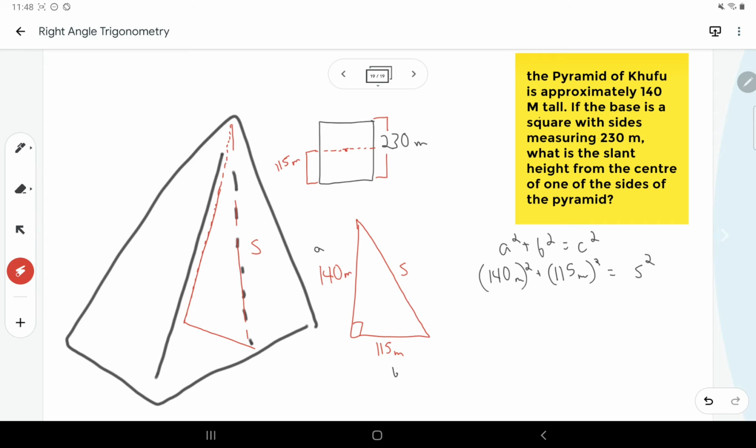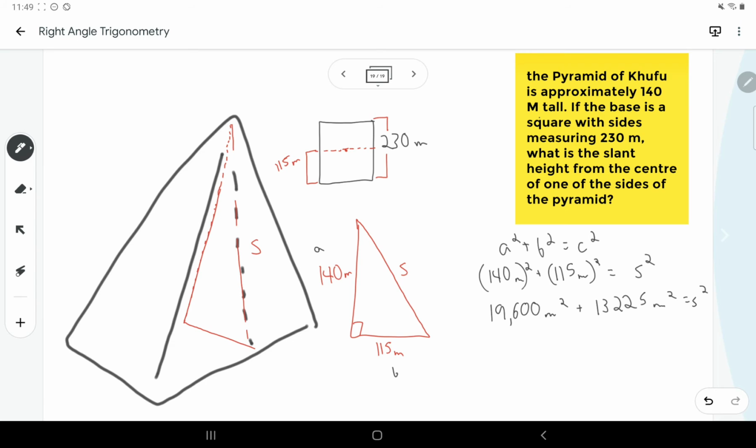Okay, so now we just take our 140 and we square it, which will give us 19,600 square meters. Then plus our 115 squared, which is going to be 13,225 meters squared, and that'll be equal to our s squared for now.